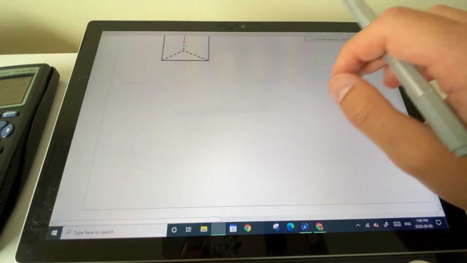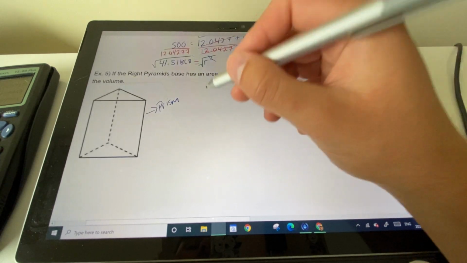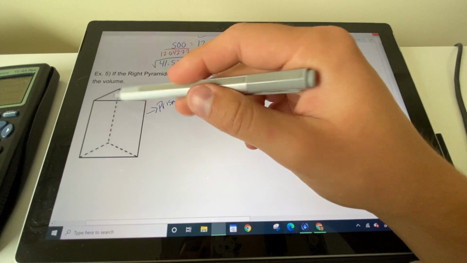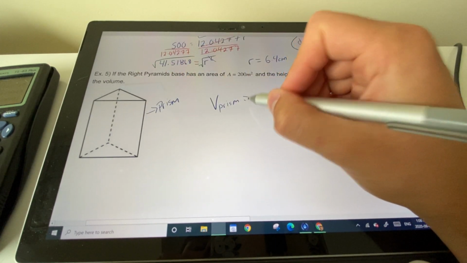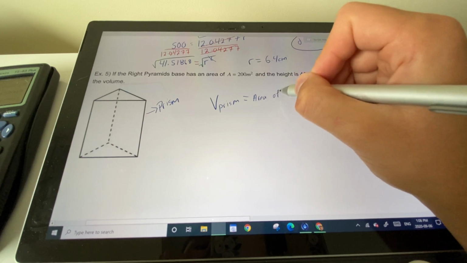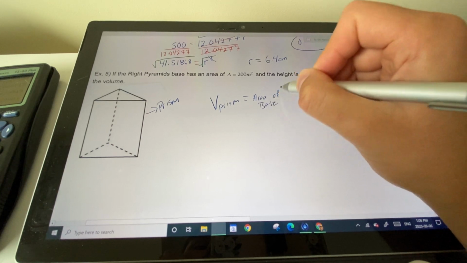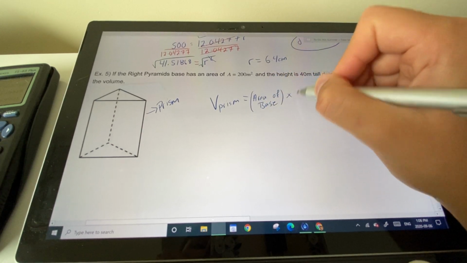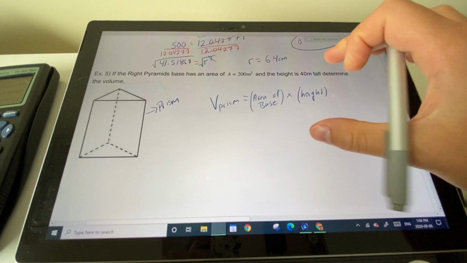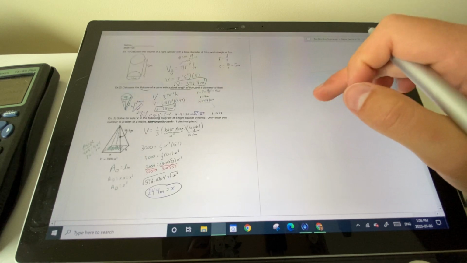So all you got to remember with it being a prism is the volume of any type of prism. So a prism's the top shape is the same as the bottom shape, equals area of base multiplying your height. Okay, and we talked about that, right? Area of base multiplying your height.